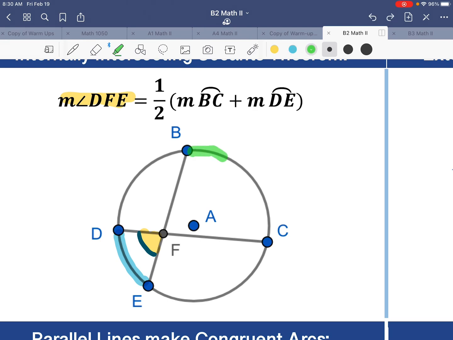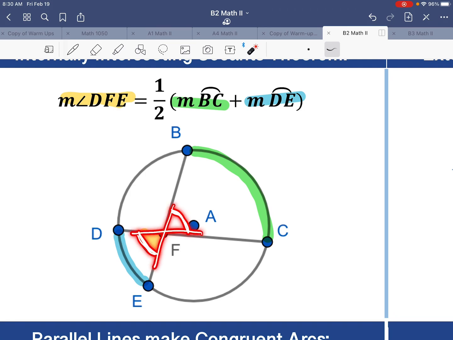So what you do is you add the two arc measures. That's what we're doing here. We're adding the two arc measures, and then we're dividing by 2, and we get the measure of angle DFE. And you might also remember, something we'll review, but this angle and this angle are also the same.